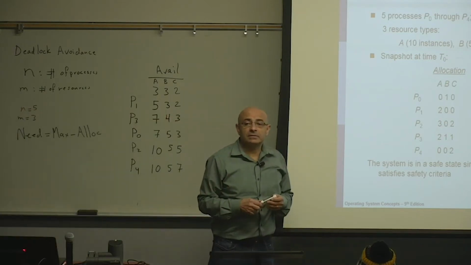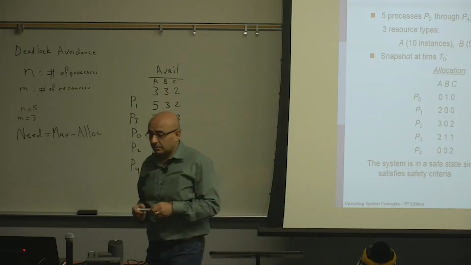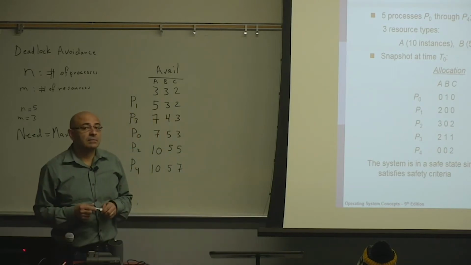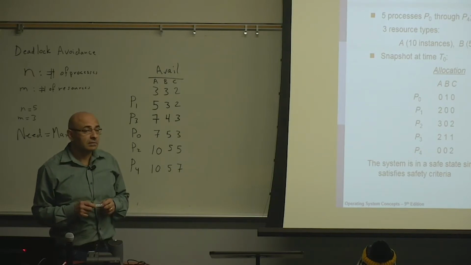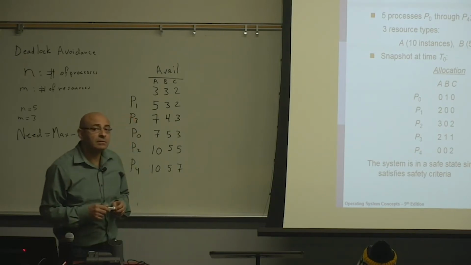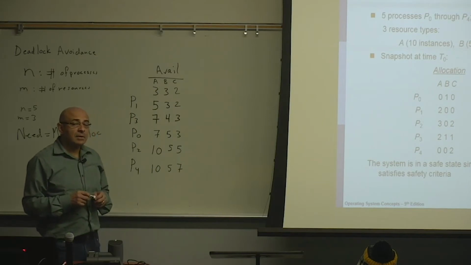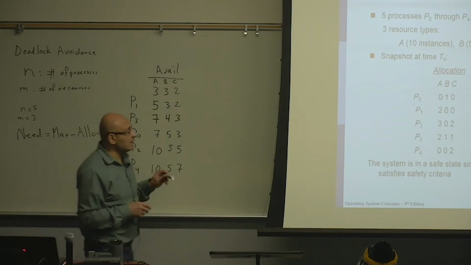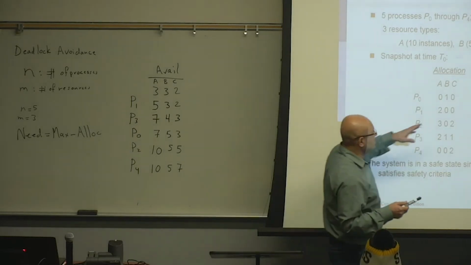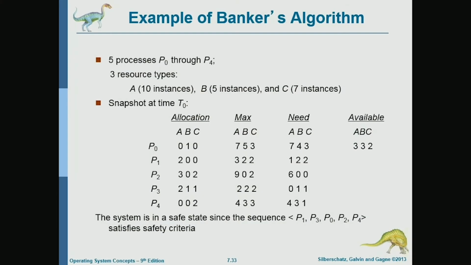Okay, yes? So is there any possibility that we need much more than we have available? For example, if P4 needed 1131 and we can't satisfy its needs, there will be no safe sequence? Well, all of this analysis is based on the assumption that these maxima are right.